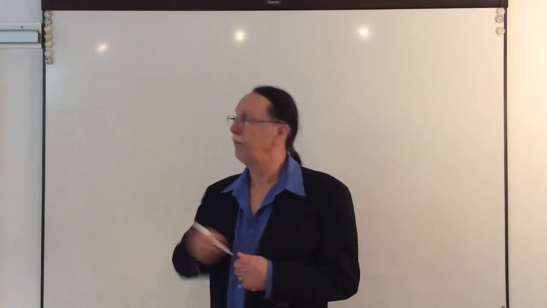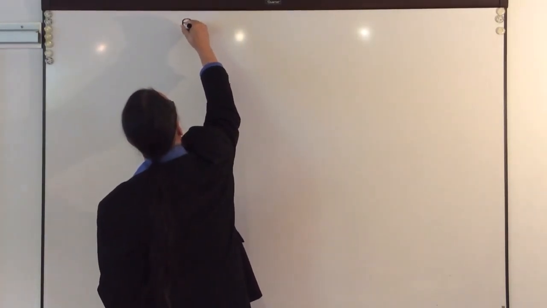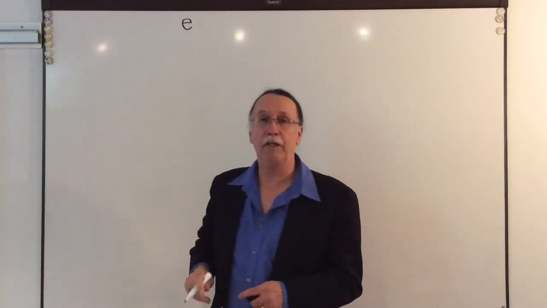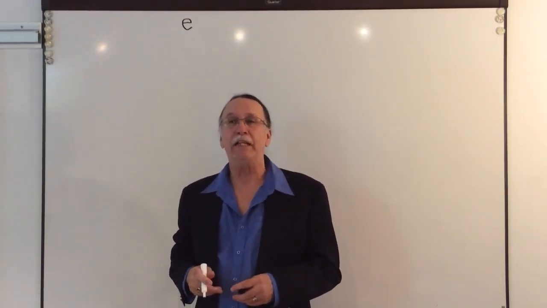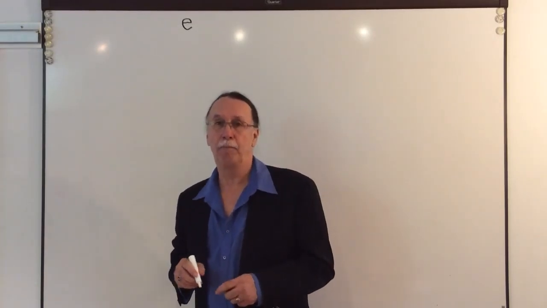And they are E. Now what you see is E, I've written on the board, but it's never pronounced that way, it's always pronounced differently in this style of writing.